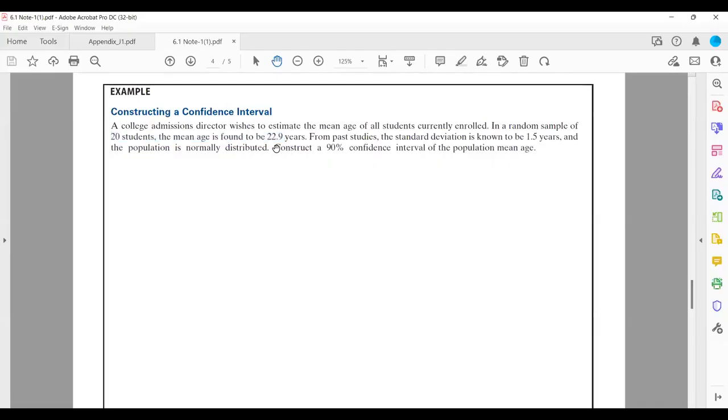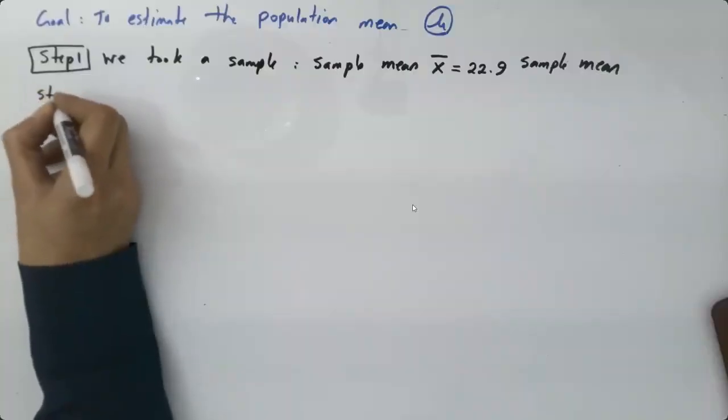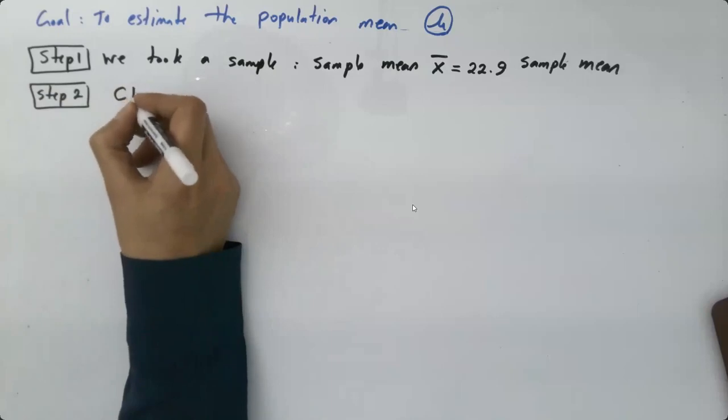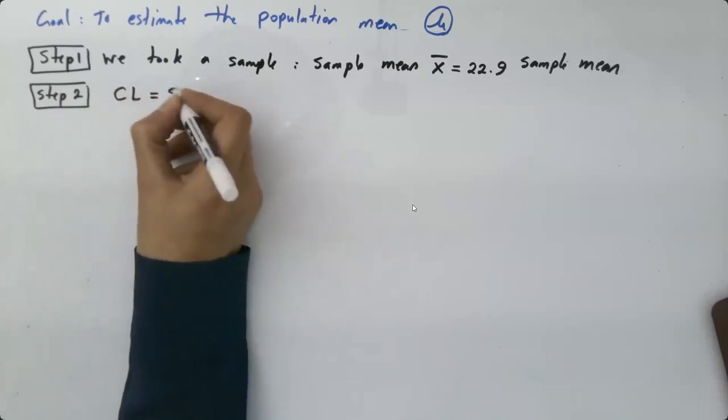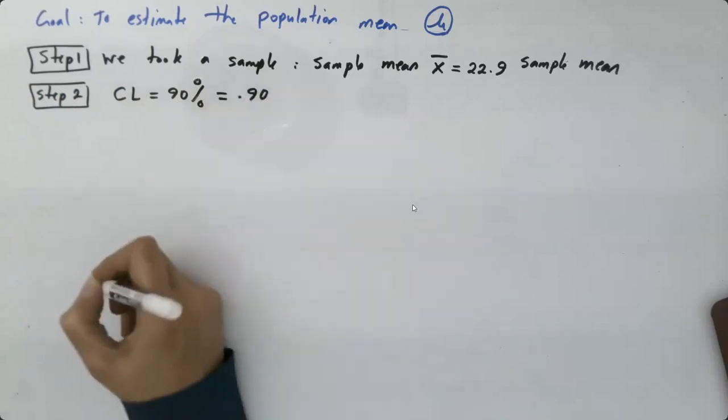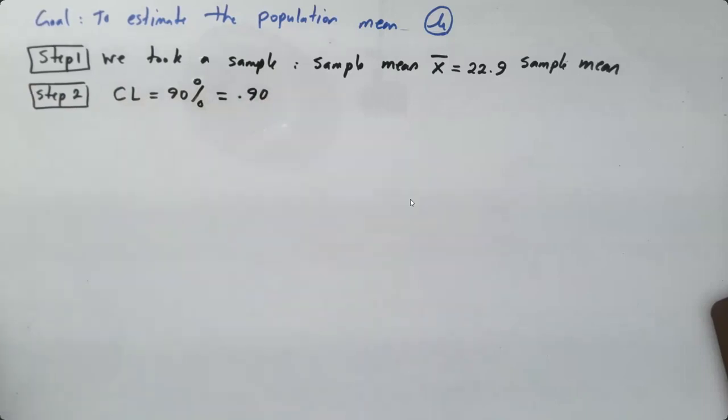The question says, guys, construct a 90% confidence interval. So we have a 90% confidence level. The CL, or the confidence level, is 90% or 0.90. Okay, so far so good.